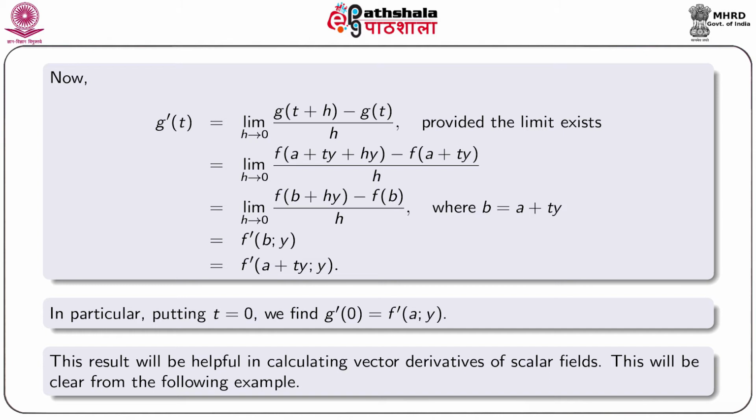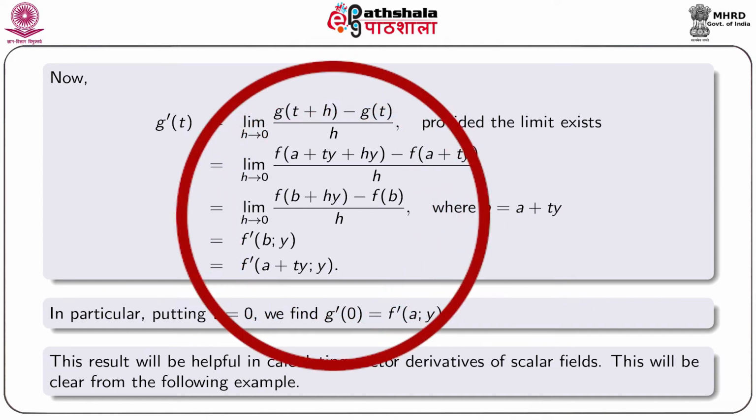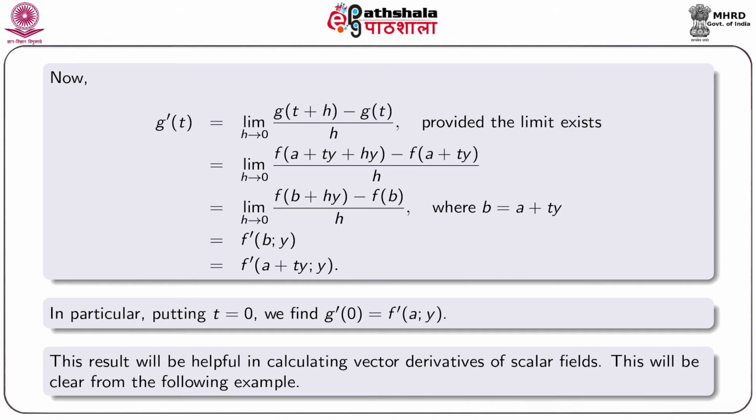Now, we try to find g dash (t). So, g dash (t) equals the limit of g(t plus h) minus g(t) by h as h approaches 0. So, this equals f(a plus ty plus hy) minus f(a plus ty) by h as h approaches 0. Writing b equal to a plus ty, we find g dash (t) equals the limit of f(b plus hy) minus f(b) by h as h approaches 0.